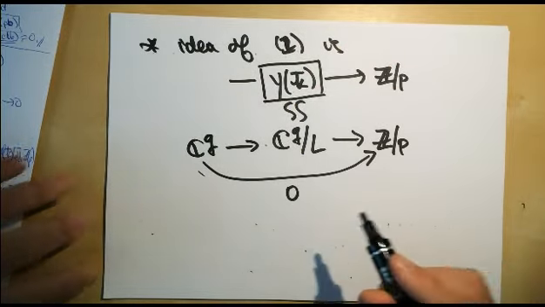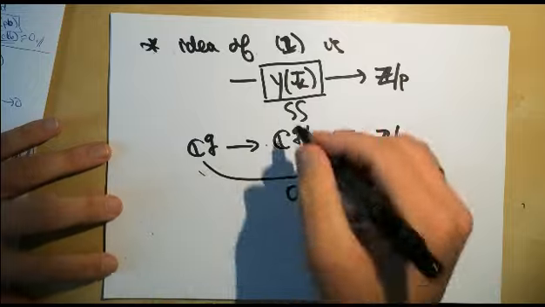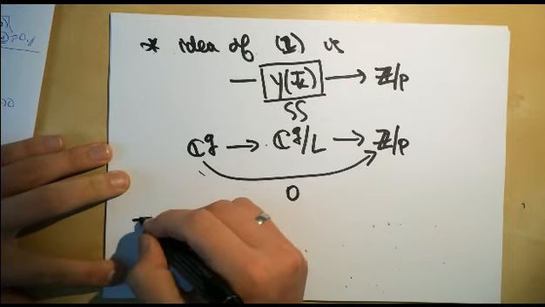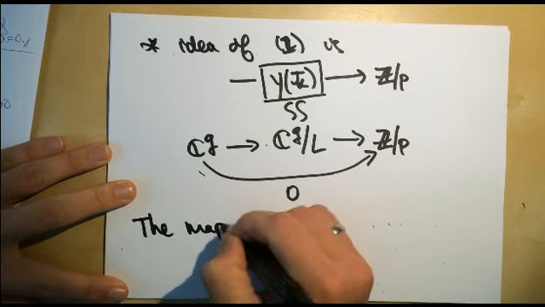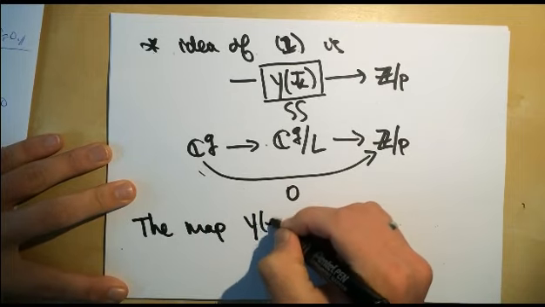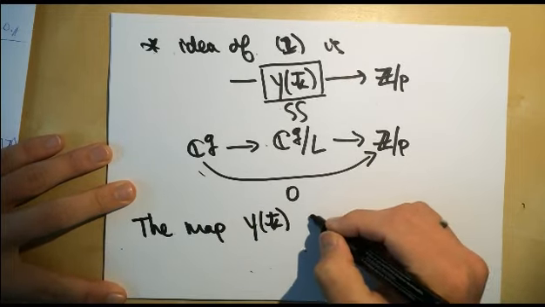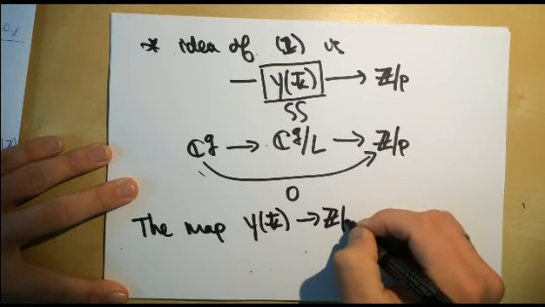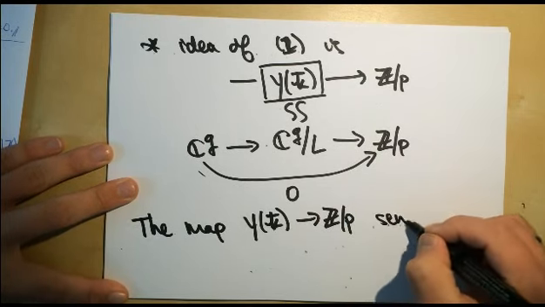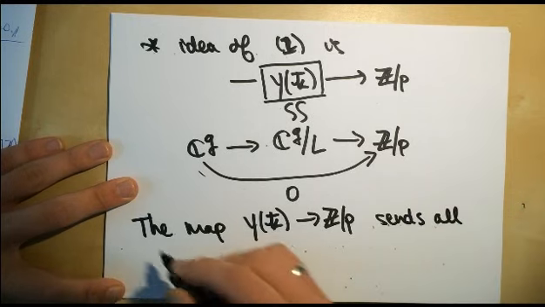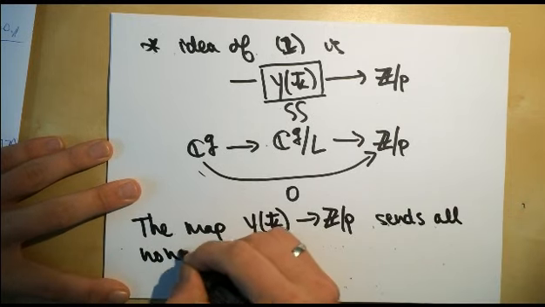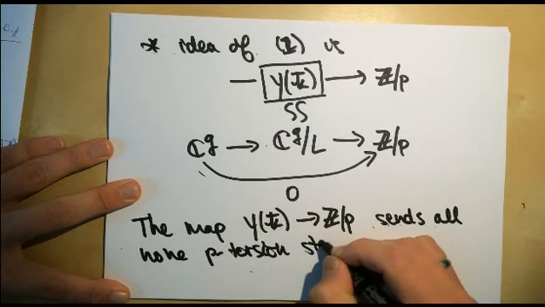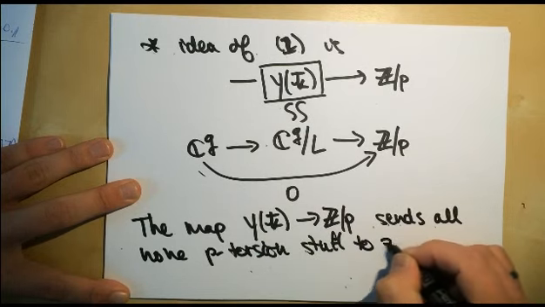And actually, this is really bad, right? So this map here is already really bad. The map sends everything that's not p torsion, all non-p torsion stuff, to 0.